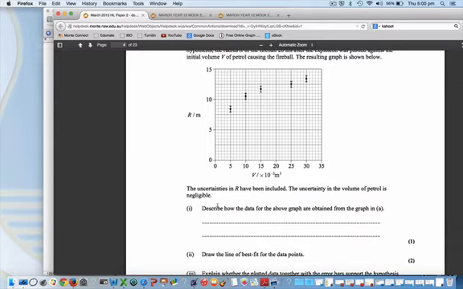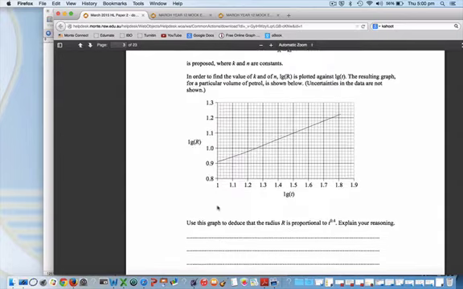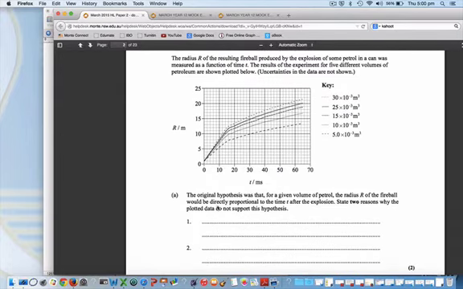Okay, so let's go to the graph in A, and we've got a bunch of curves. So we've got a time axis here. We're looking at the 20 millisecond time. So at 20 milliseconds, we've got our different curves here.